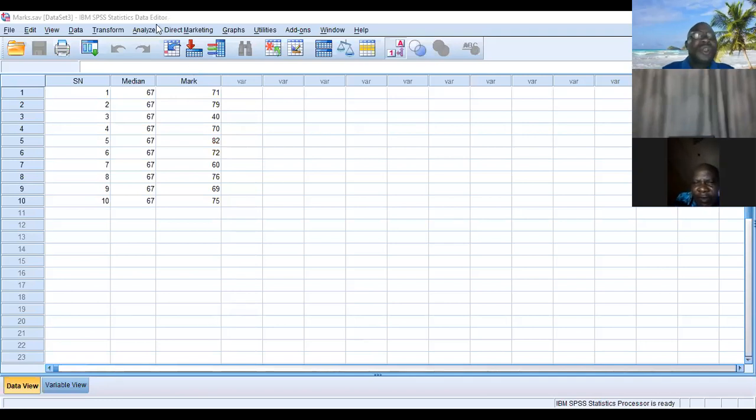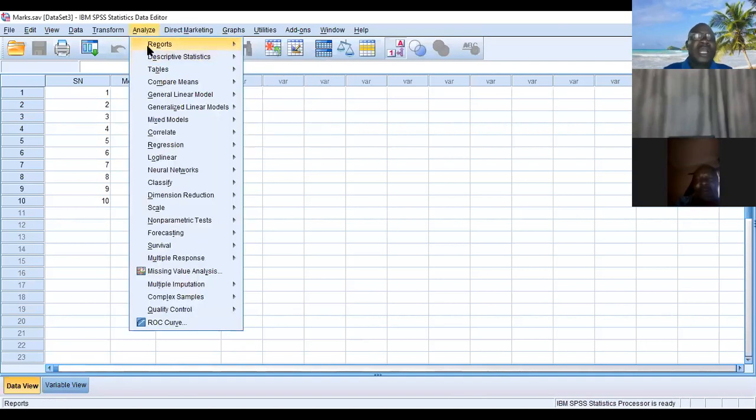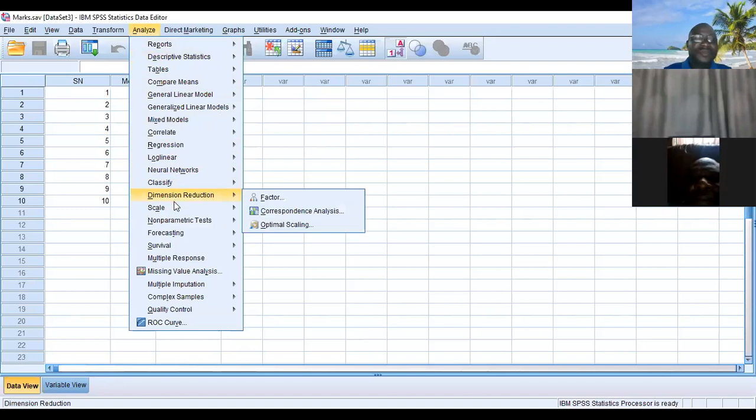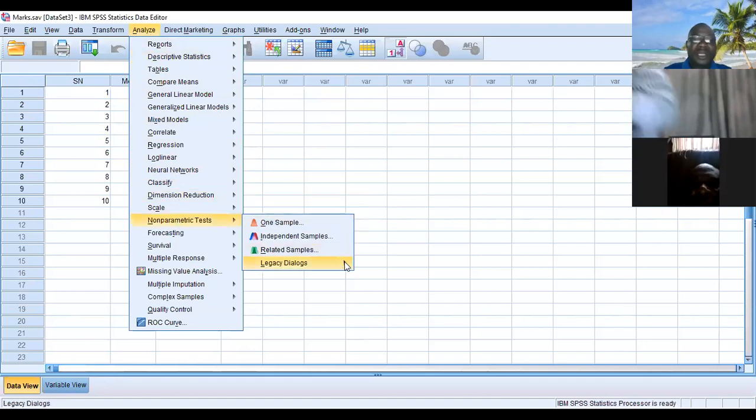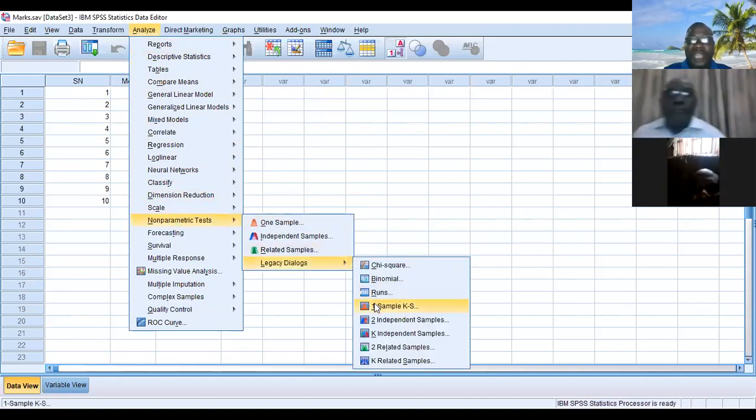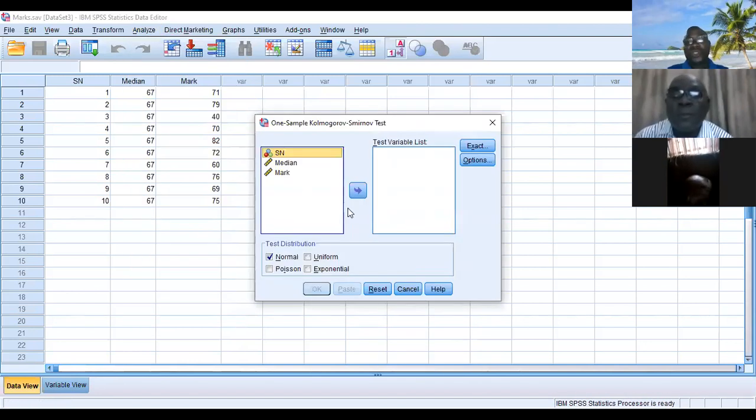Now, if you go to the analysis we did yesterday, analyze, non-parametric data, if you go to one sample, is it one sample KS? Let's say we click. You see normal, uniform, Poisson, exponential. The sign test and the Wilcoxon that you want to do are not there.